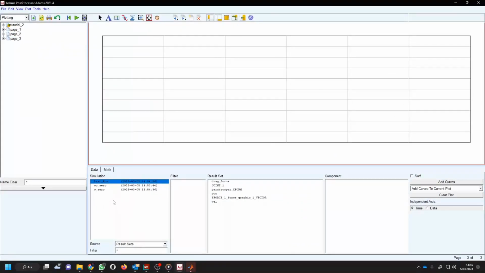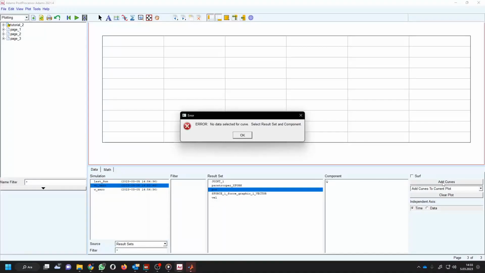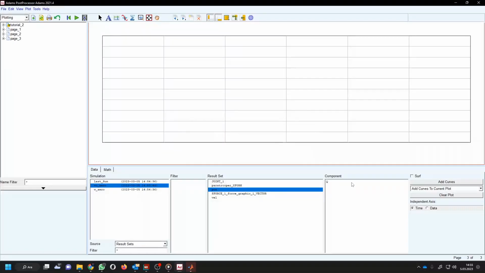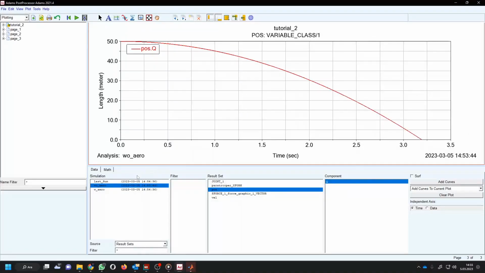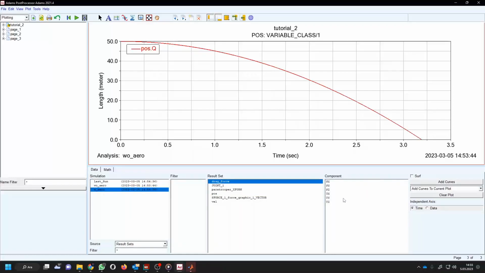Now in post processor I have two simulation results here. In the first, let me plot the position curves.